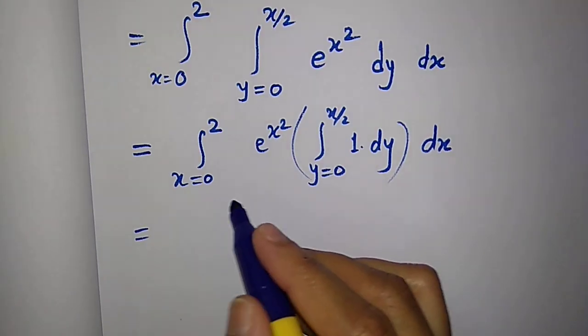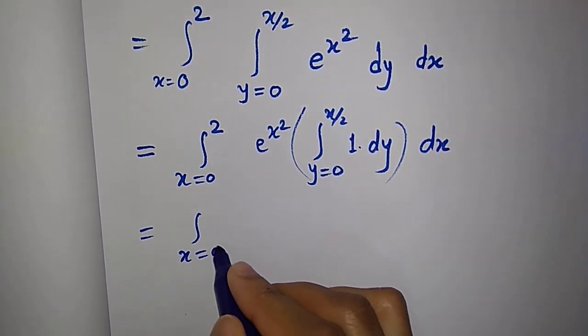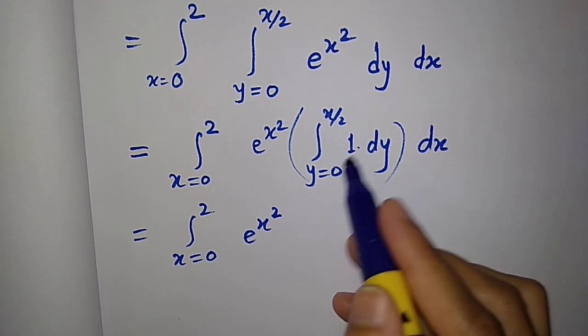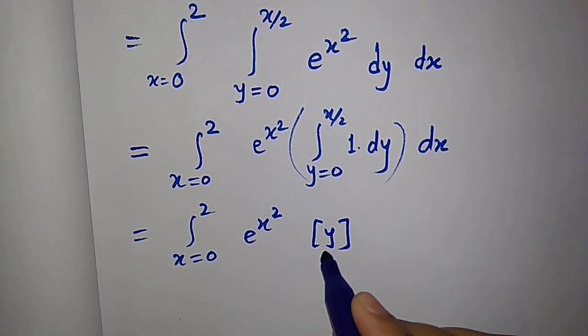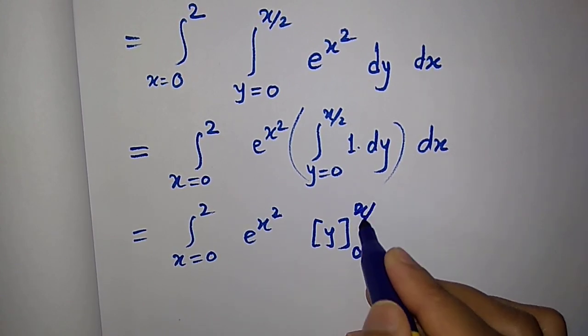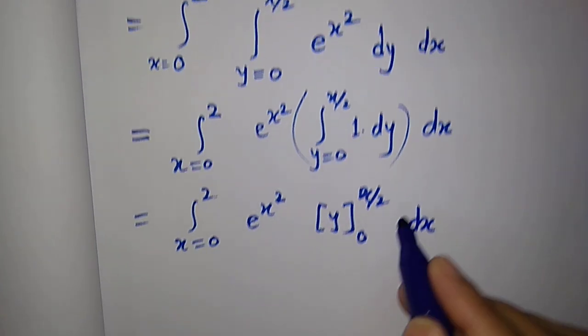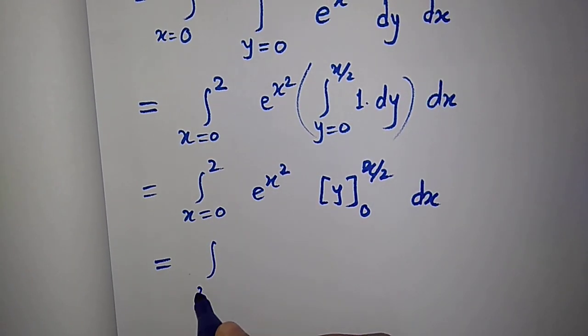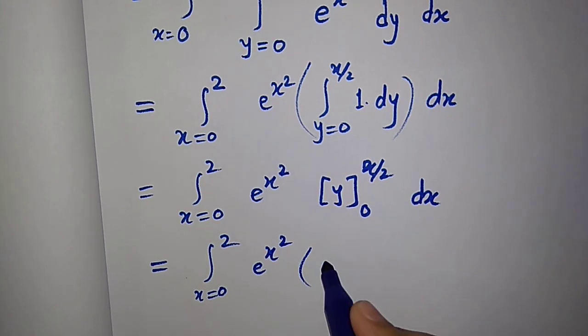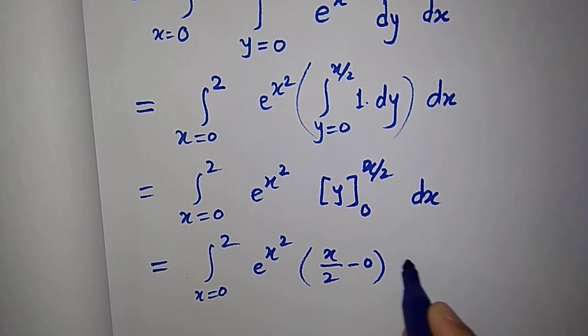So when you integrate this, we will get x from 0 to 2, e raised to x square. Now this integration is just y. The integral of 1 with respect to dy is y, from 0 to x by 2, dx. Now this is equal to x from 0 to 2, e raised to x square, into x by 2 minus 0, dx.